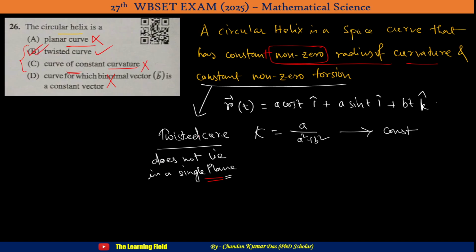Okay, twisted curve means that has non-zero torsion. So option B is the answer, because the non-zero term is not given in C, because this is a constant non-zero radius of curvature. Because if the radius of curvature is 0, then 0 is also a constant, but 0 is not considered in the definition of circular helix. Okay, so that means option B is our answer.